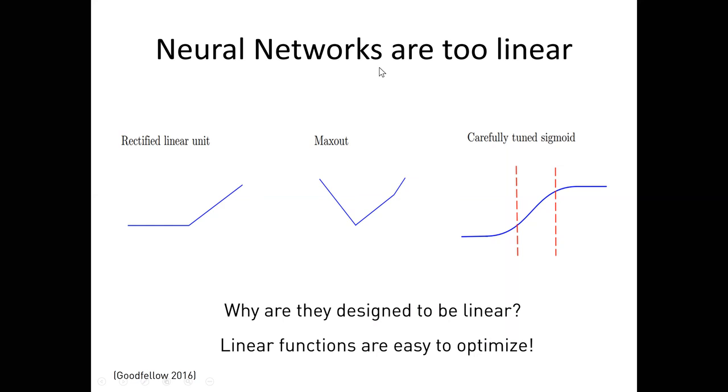Same kind of with the maxout, and even the sigmoid. If you chop it up like this with the red lines, you see that it's not quite piecewise linear, but it looks almost like this. And why is that? Well, they cannot be fully linear. But why are they designed to be mostly linear? Because linear functions are, in fact, easy to optimize.